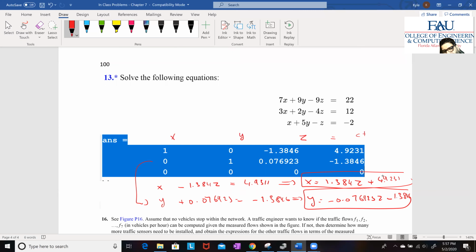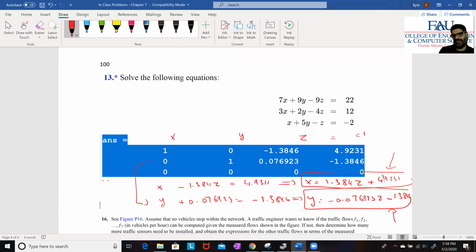So for every value of z, you're going to have a new value of x and a new value of y. So there's actually an unlimited number of solutions for that. And this is exactly what we want. We want x as a function of z and y as a function of z, and we can change z, and we will get the corresponding values for x and y.